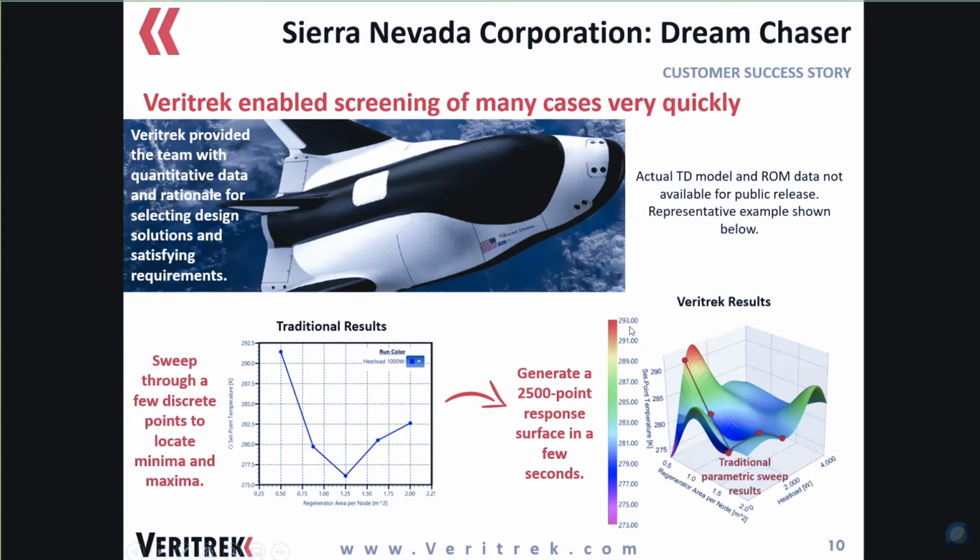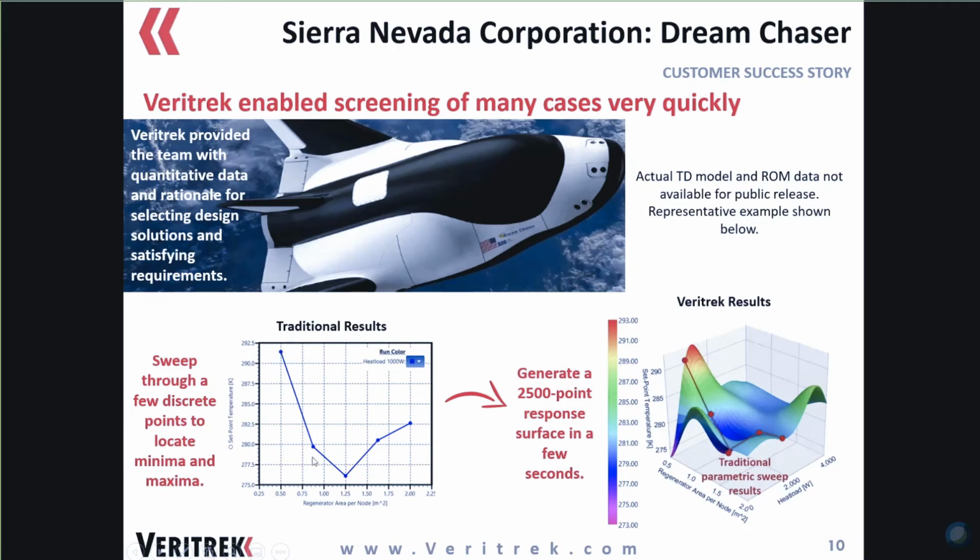And so they used Veritrek and specifically our factor sweep and surface plot analysis features to do this because they could generate a response surface like what's shown in the lower right that includes thousands of data points, multiple input factors on the same plot.